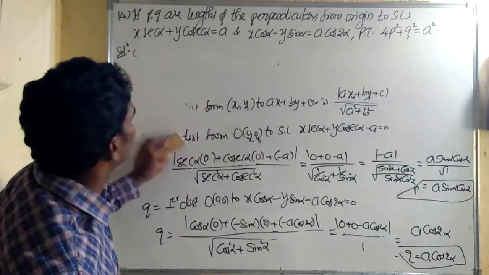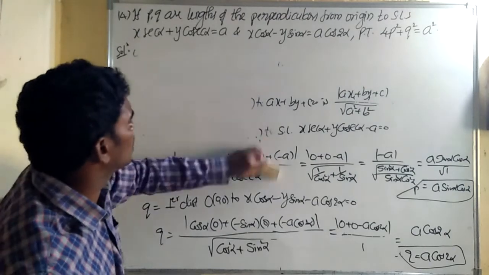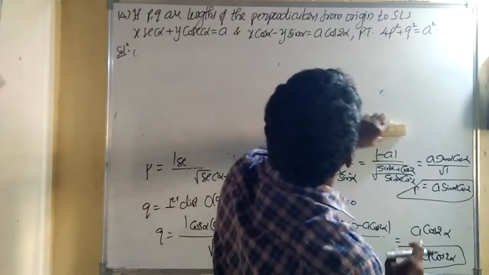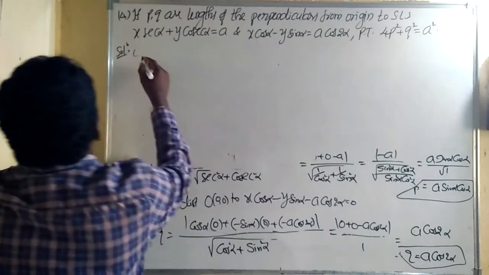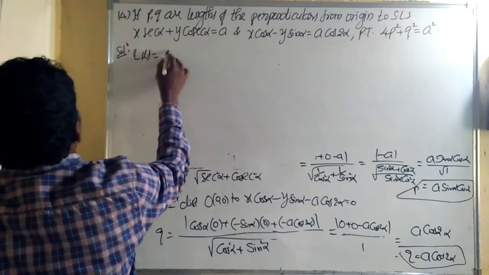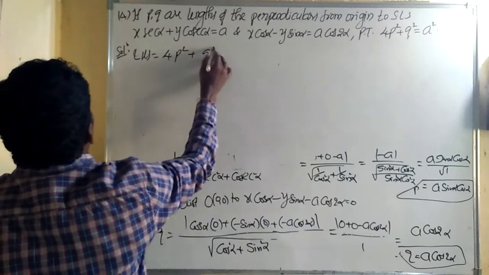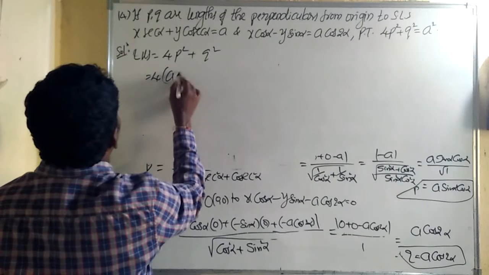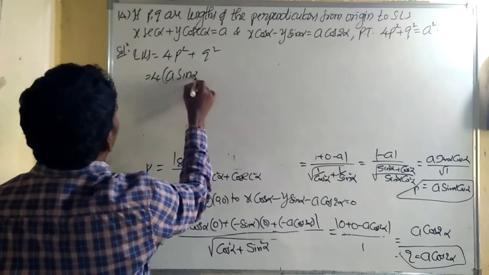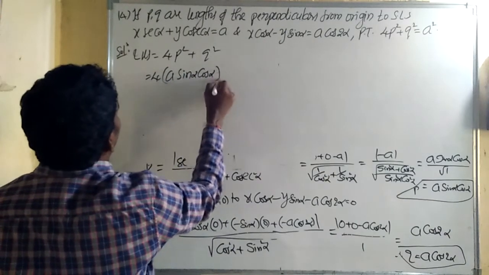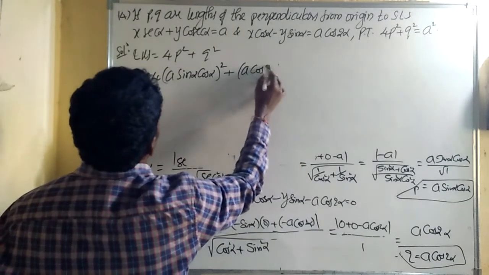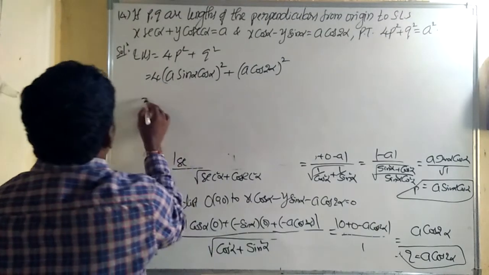Take the left hand term now. Based on the given question, I found what p is and what q is. Now I am going to prove it, taking LHS, that is 4p square plus q square. 4 into p, the p value is a sin alpha cos alpha whole square, plus q square, q is a cos 2 alpha whole square.